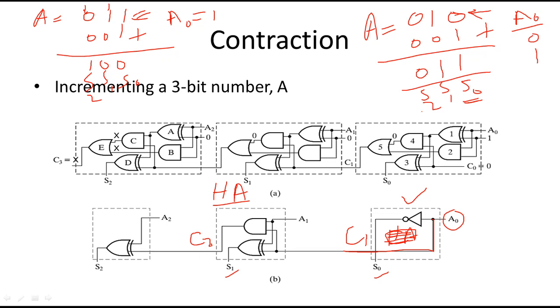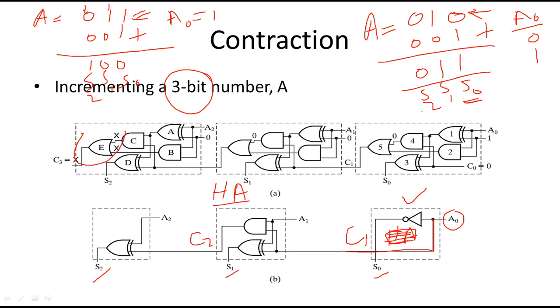For the final box, we just add C2 with A2 and produce sum 2, and as we mentioned earlier, we are actually incrementing a 3-bit number, so the fourth bit would be dropped. So for fixed memory, the final bit is dropped. So if the output is going to be dropped, then why should we compute it?